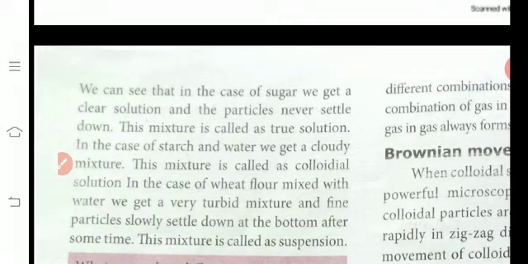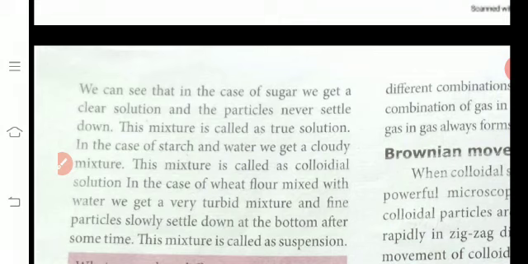Then water plus starch, the mixture is a colloidal solution. Then you take water and wheat powder, add it and stir. The wheat powder settles down in the bottle and the solution is at the top. That is called a suspension.